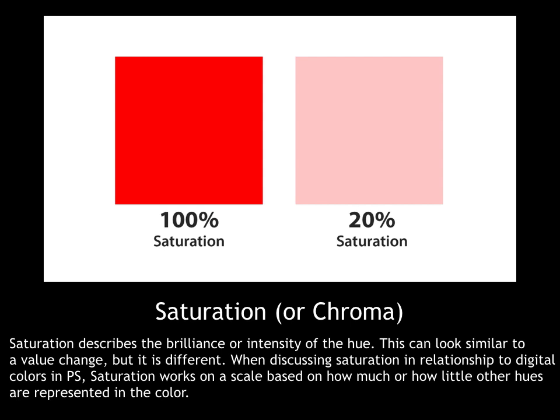So saturation, again similar to value, and in Photoshop saturation can be directly manipulated by things like opacity changes, and we'll go into that a bit more too. But those three things, hue, value, and saturation, are the three components to color. When we're talking about color and when we're looking at color images, those are the three things that I want you to keep in mind.